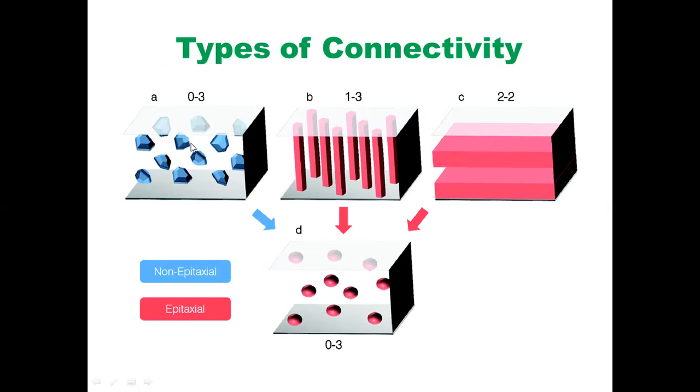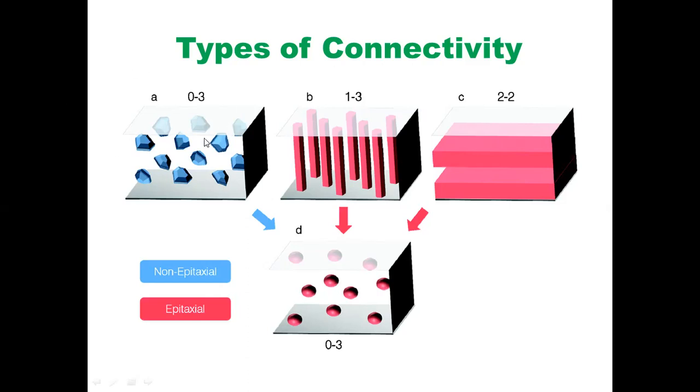So both the phases have particle nature here. Let us say these are the particles of the ferromagnetic phase. These ferromagnetic particles are embedded or immersed in the particles of the ferroelectric phase.